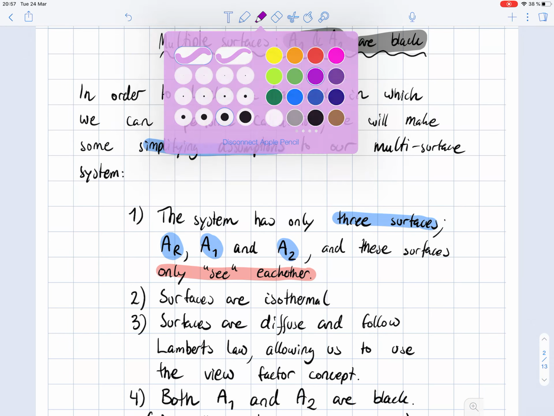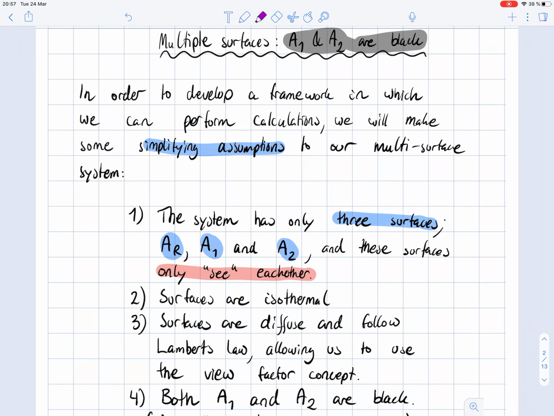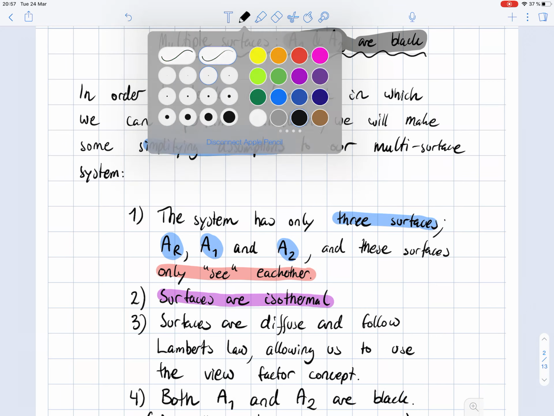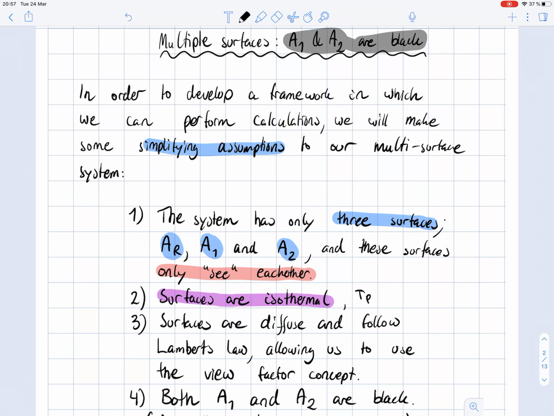We are considering steady state conditions, and that means that the surfaces are isothermal, constant temperature. That, of course, simplifies things because we will then just have TR, T1, and T2 as constant temperatures.